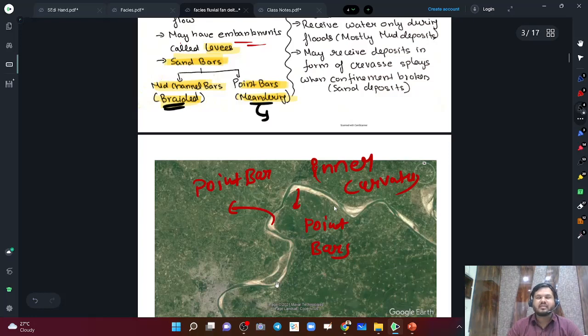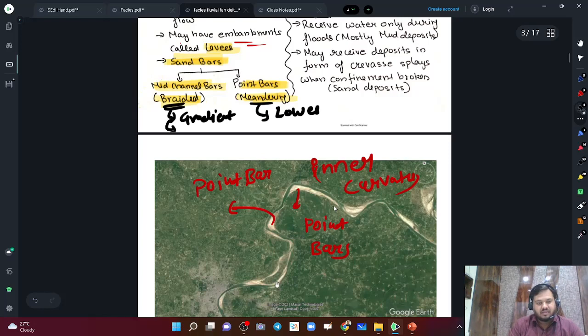An example of meandering channel was Ganga, in some of its parts, especially in the later part. And an example of braided system was Brahmaputra, right? In braided channel, one thing is that the gradient is higher. Here the gradient is relatively lower.